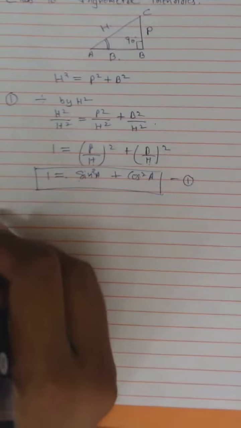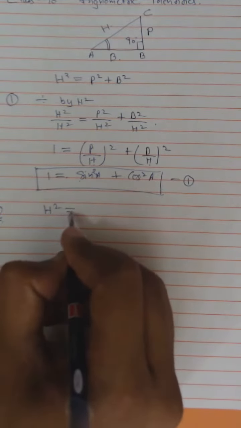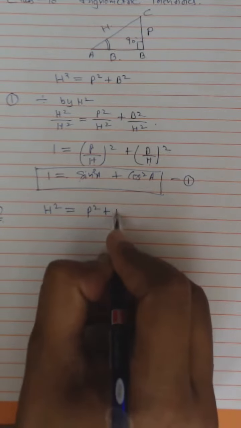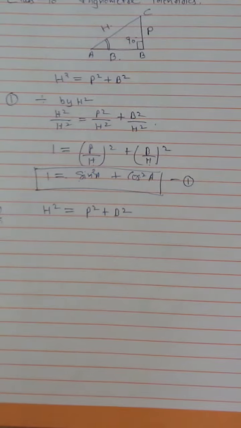Okay, now again writing the same equation, h square is equal to p square plus b square.